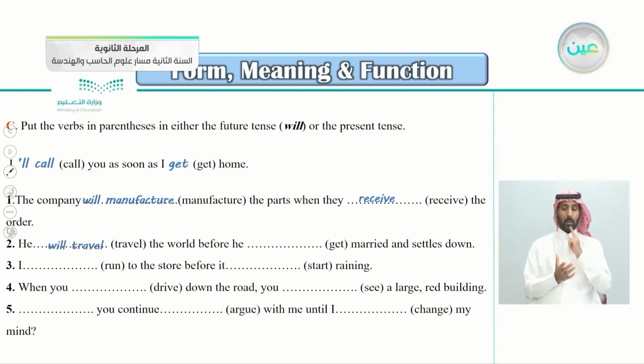He will travel the world. This is the main clause, and the time clause, before he gets married. Yes, gets with an S, married and settles down. Very good. Number three, I run to the store before it starts raining.